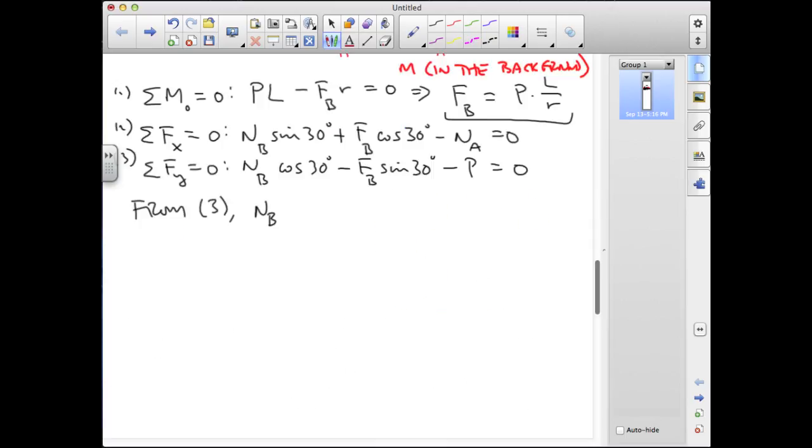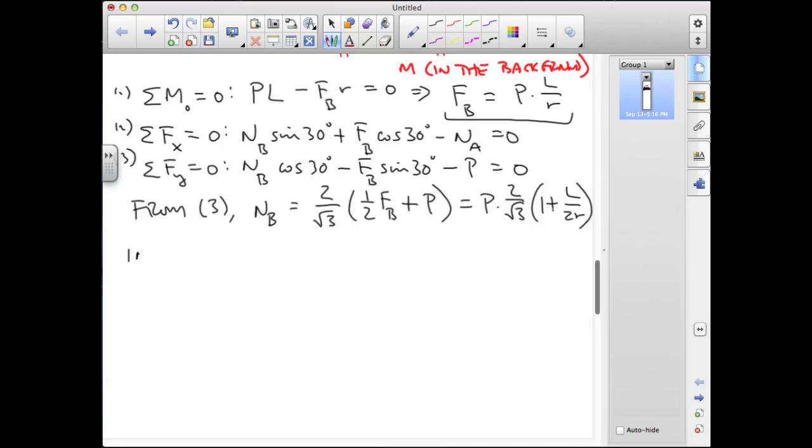Using the fact that sine of 30 is a half and cosine 30 is root 3 over 2, we can, from the third equation, write that the normal force at B is equal to 2 over root 3 times 1/2 the force at B plus P. And then, since we've already found FB in terms of P, this looks like P times 2 over root 3 times the quantity 1 plus L over 2R.